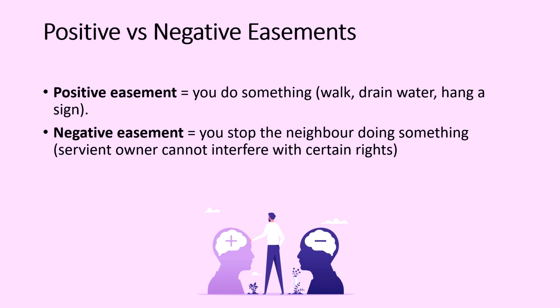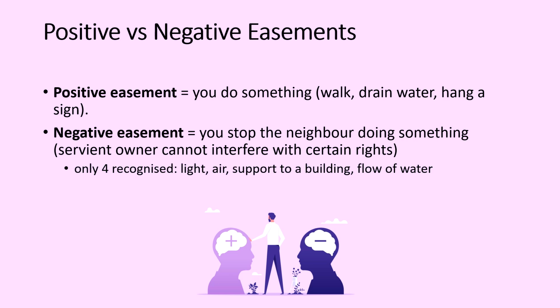This basically means that your neighbour or the servient owner, whatever kind of relationship we're talking about, cannot interfere with certain really essential rights that you have. And we're talking about really essential, absolute basic rights only, because really the law only recognizes 4 rights. So one of them is the right to light.